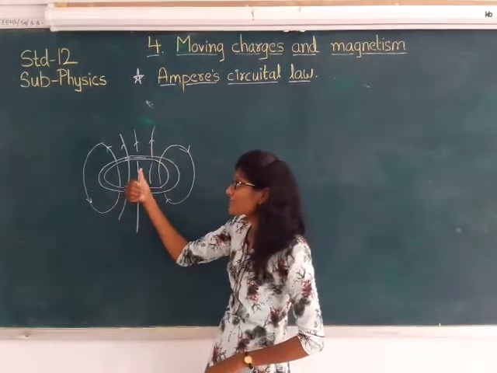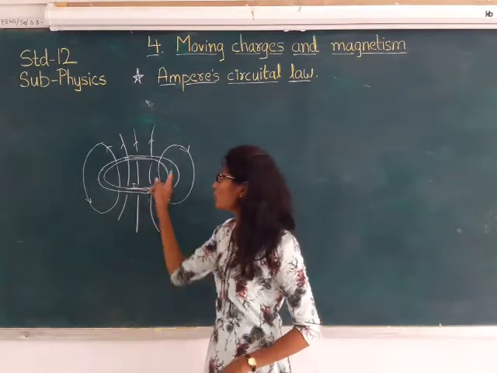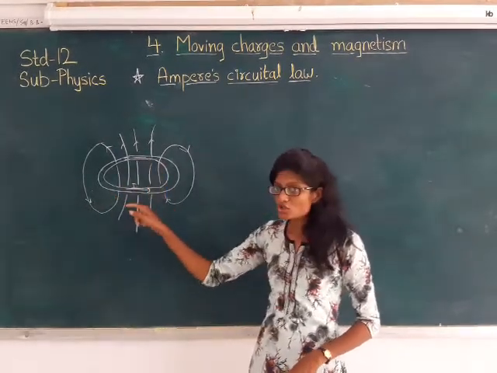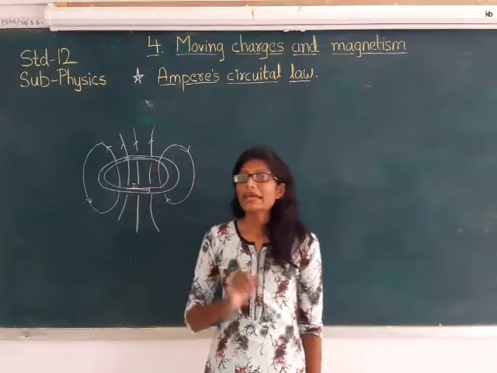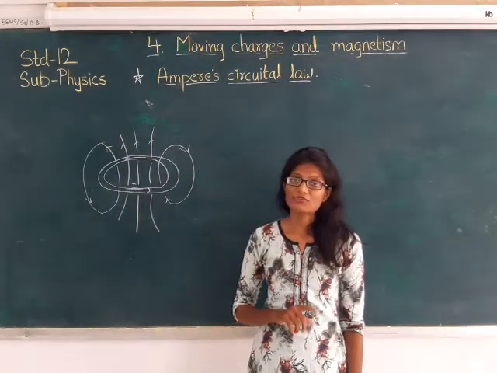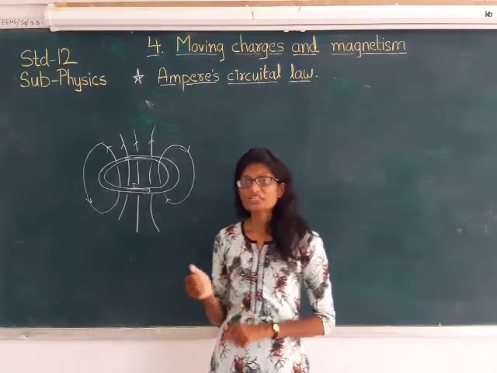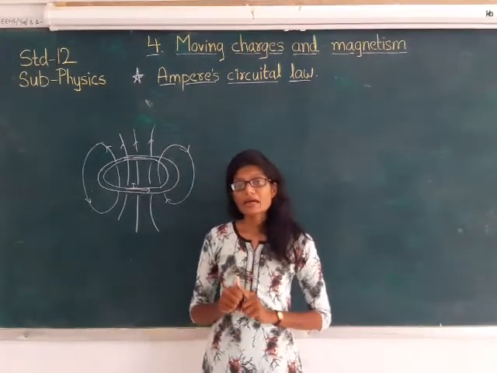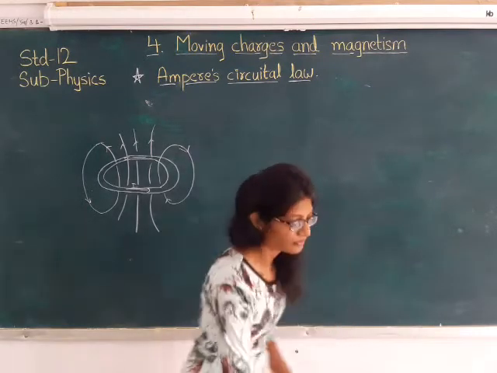So the magnetic field lines will also be in the upward direction. So for a wire which forms a closed loop, the magnetic field lines are generated around it, and the direction is given by the right hand thumb rule: the fingers pointing in the direction of the current and the thumb pointing in the direction of the magnetic field.